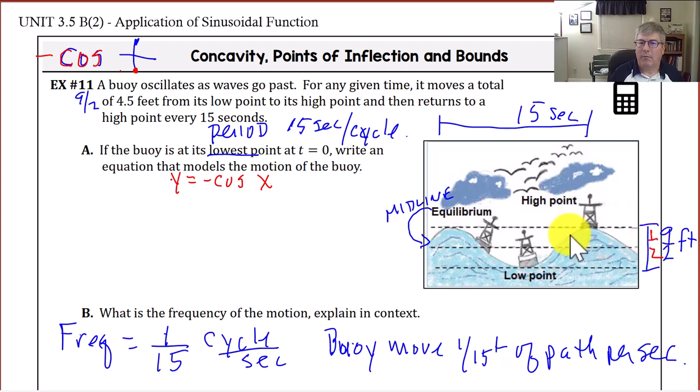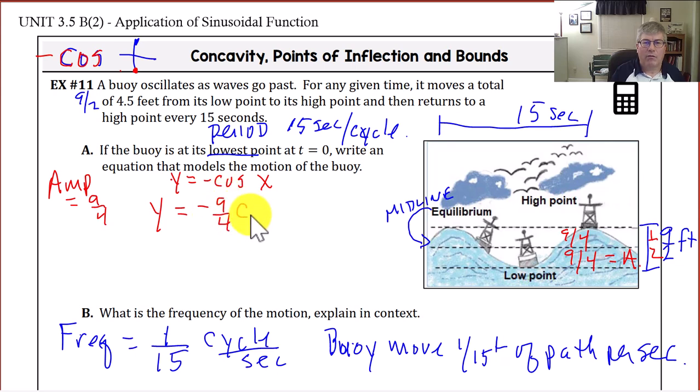This is our amplitude. So we know our amplitude is equal to 9/4. Since this is a negative cosine curve, we have y equals negative 9/4 cosine of x.